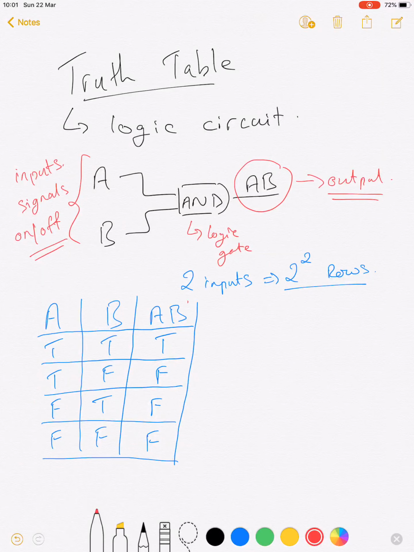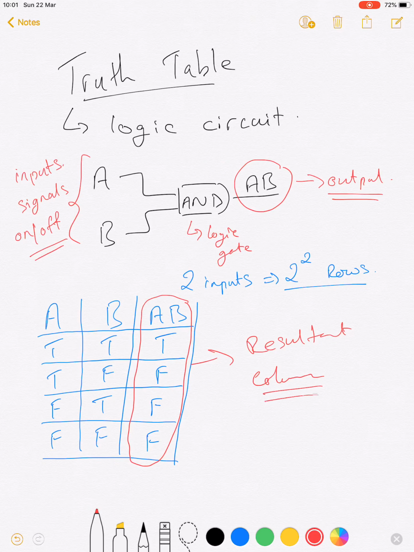This particular column here is what we would refer to as the resultant column, or the output.